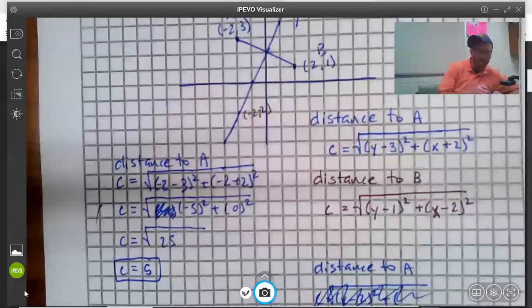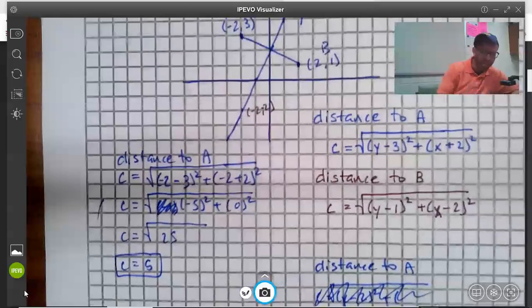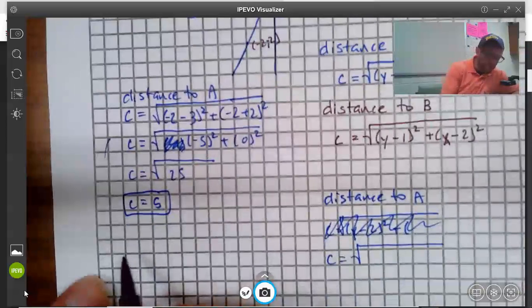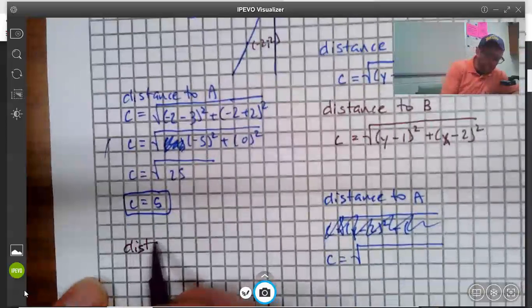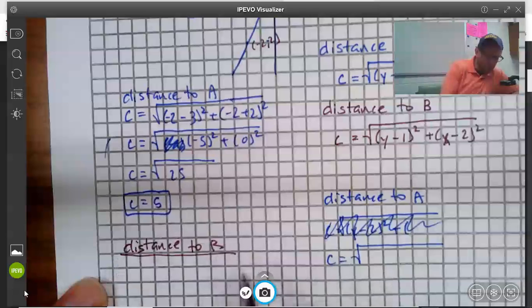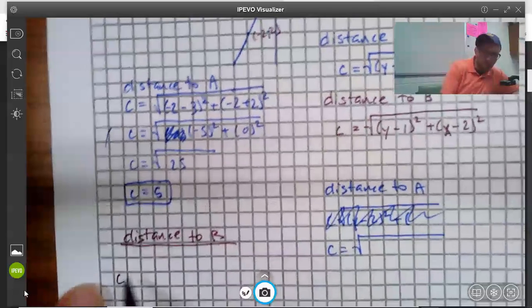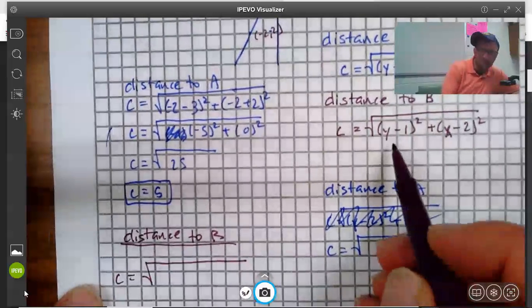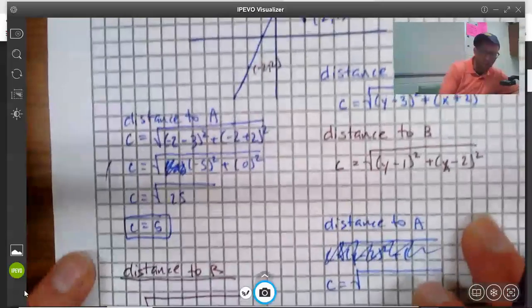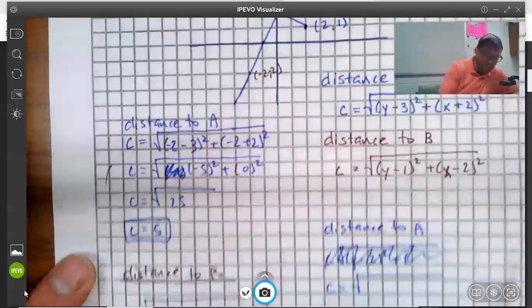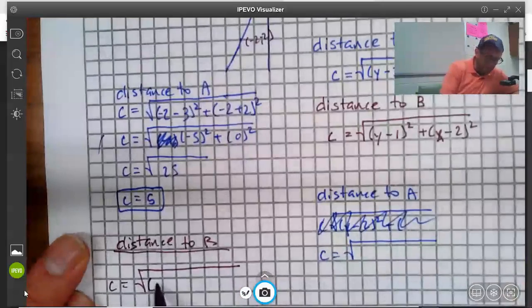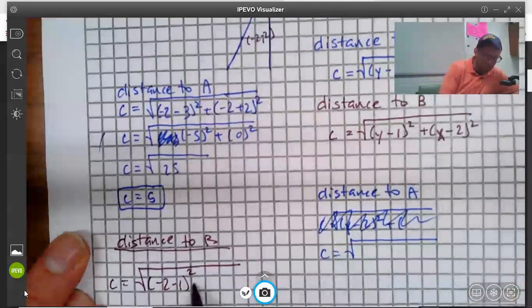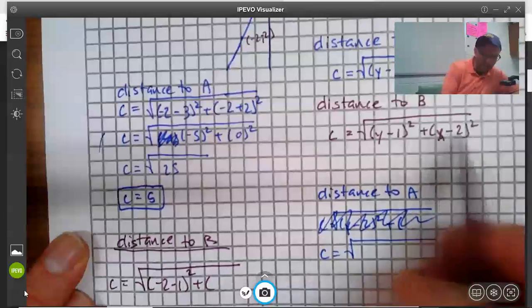Okay. So now let's do distance to B. So let's get our formula out here. Our formula says y minus 1 squared, so our y coordinate again is -2. So -2 minus 1 squared plus x minus 2.